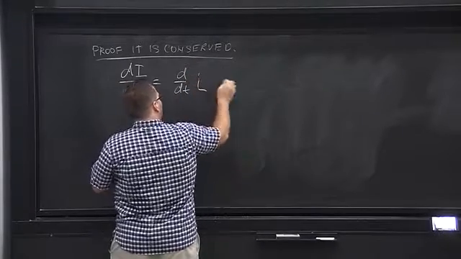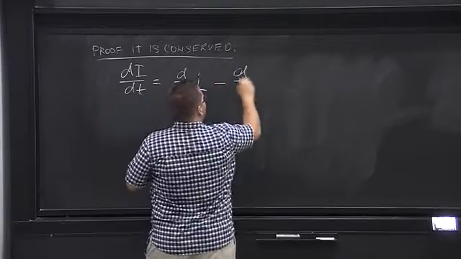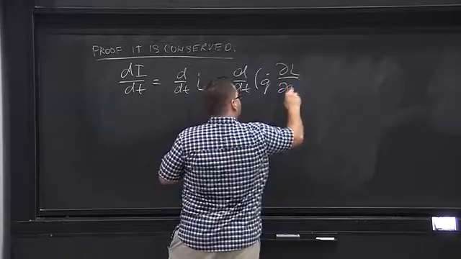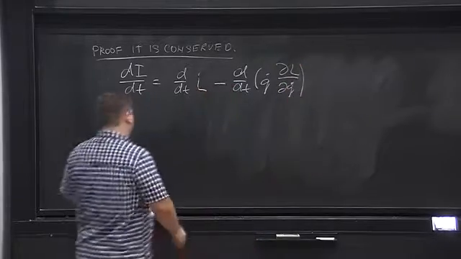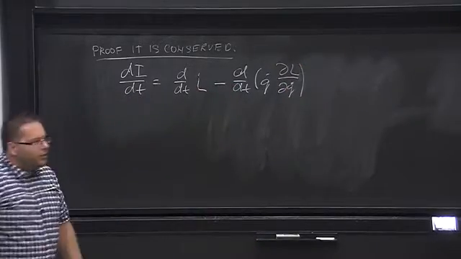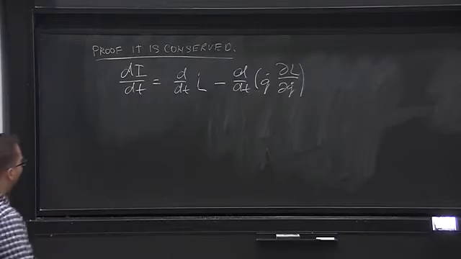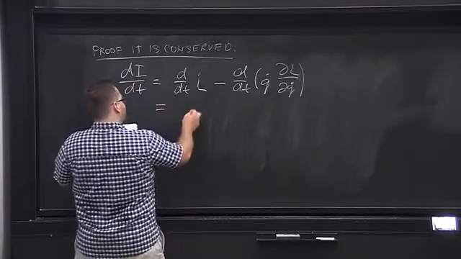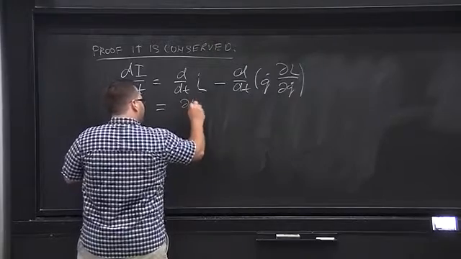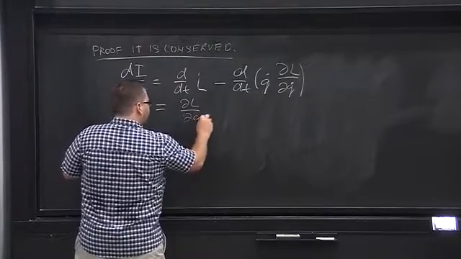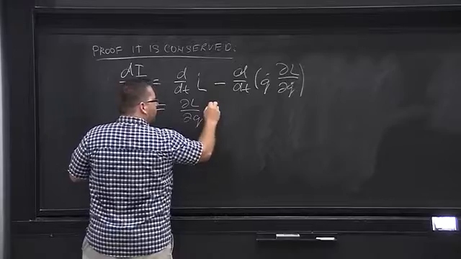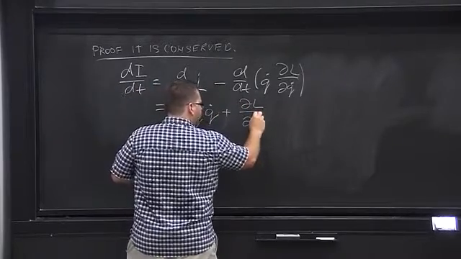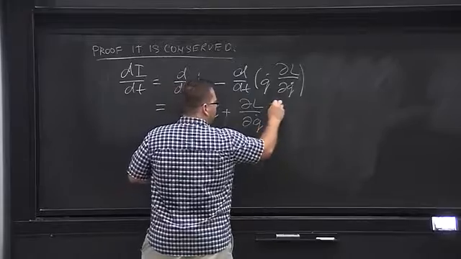L, and then minus d over dt of q dot ∂L/∂q dot. So now what is dL over dt? L depends on q and q dot, so this is ∂L/∂q times q dot plus ∂L/∂q dot times q double dot.